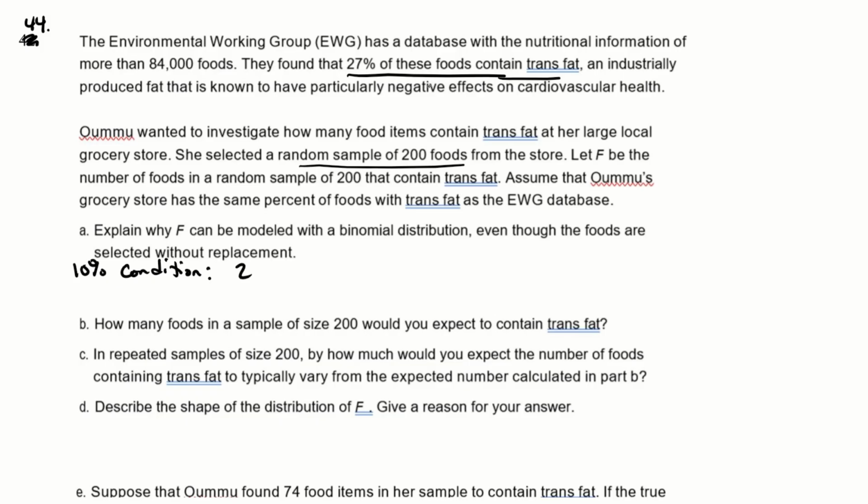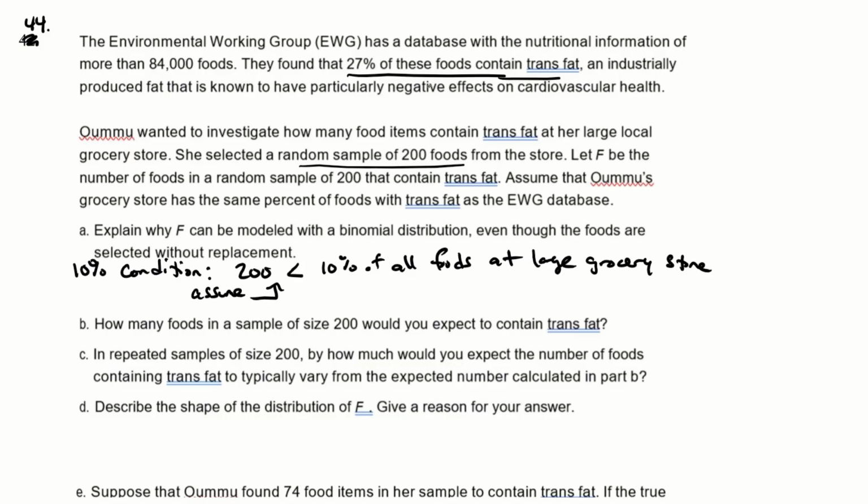Is less than 10% of all foods at a large grocery store. 200 foods is not that many, considering all the foods at a large grocery store. Okay, so we can assume that this is true. Therefore it can be modeled by a binomial distribution.